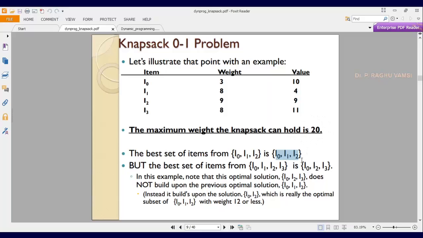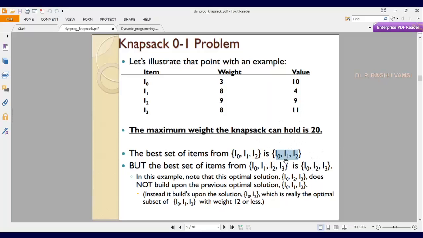But what is the difference here? In the previous case, 10 plus 4, 14, plus 9 is 23 as the value. But in this case, 10 plus 4, 14, plus 11 is 25. Even though we have two sets, the second set achieves 25 as the value, which is better than the previous one.